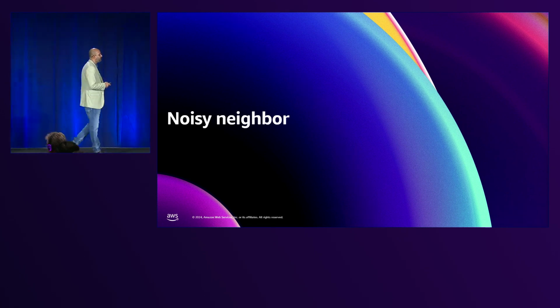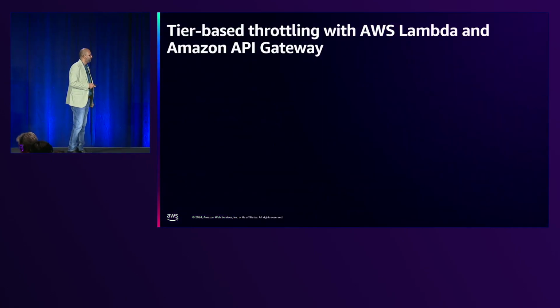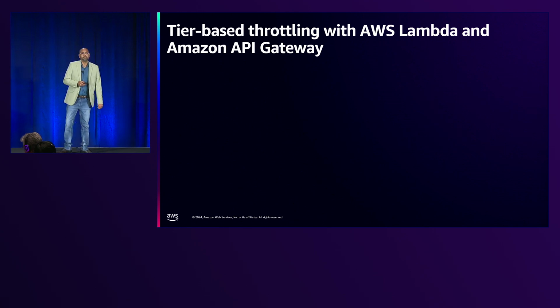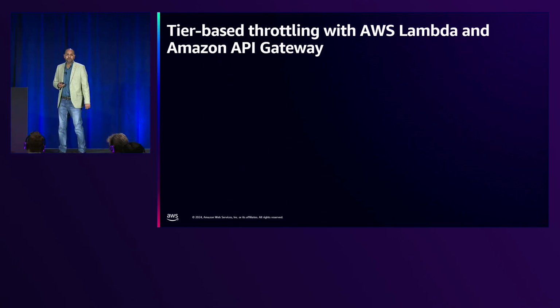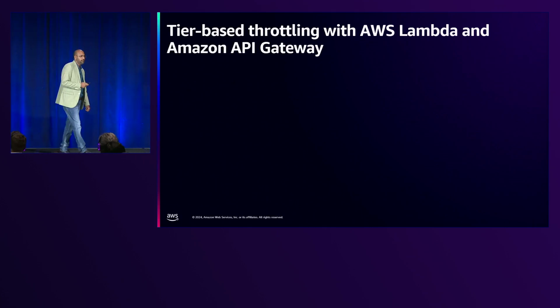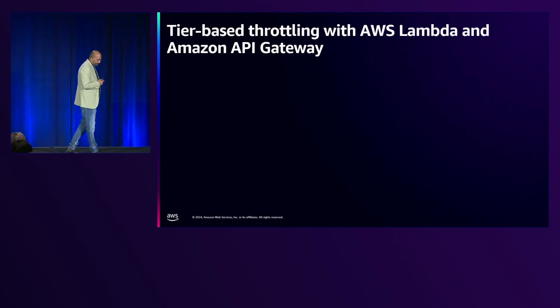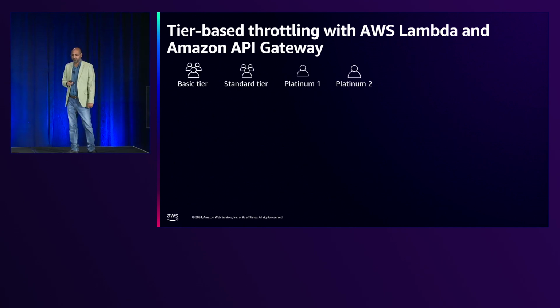The next one is the noisy neighbor, right? So the typical SaaS based model adopts the tiering strategy as well as the throttling strategy to make sure one tenant does not impact the behaviors of the other tenants, right?